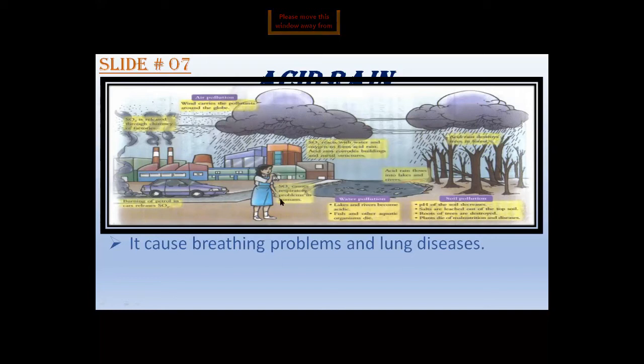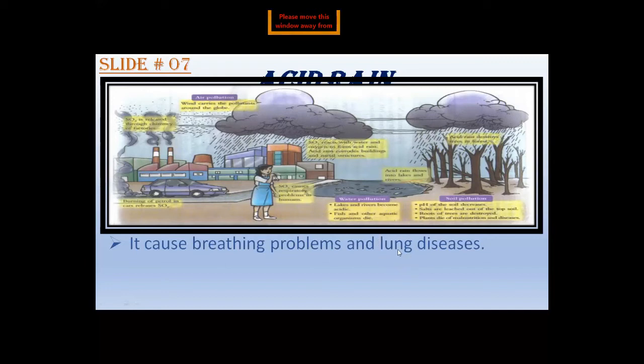And the important effect on the human body is that SO2, sulfur dioxide, causes respiratory problems in humans. Respiratory problems are problems relating to the lungs, and the lungs are definitely part of the respiratory system.